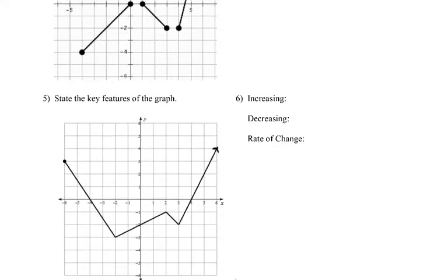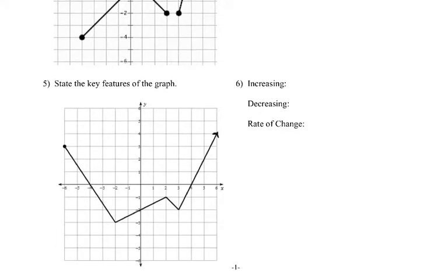All right, number 5, okay? So start here at this point. Now it's decreasing, decreasing, decreasing till we hit right there. But I'm only caring about the x values. So -6 till I get to -2. It's decreasing. Then it starts increasing.